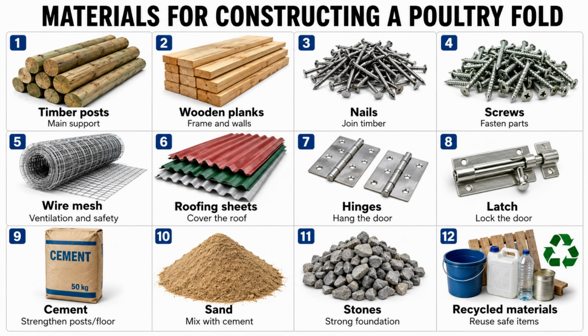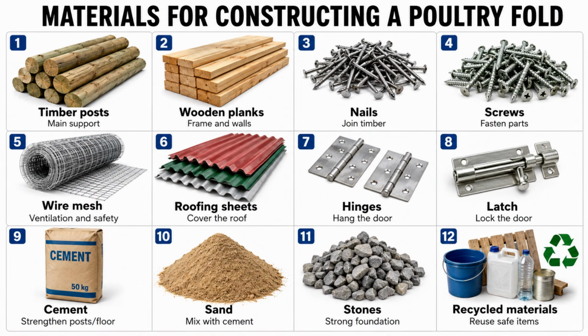Thirdly, let us talk about the materials. Materials are the items used to make the poultry fold. These are things that you need to gather to help you construct the poultry fold. You may use timber posts, wooden planks, nails, screws, wire mesh, roofing sheets, hinges, and for the door you need a door latch.